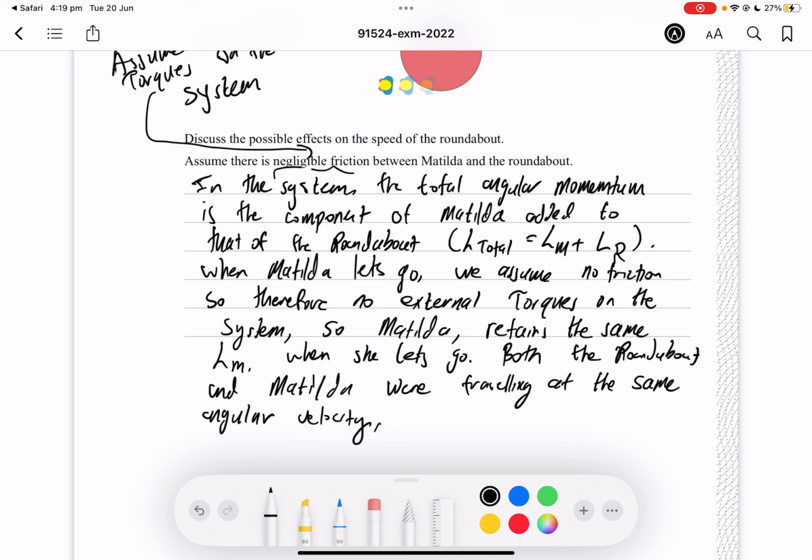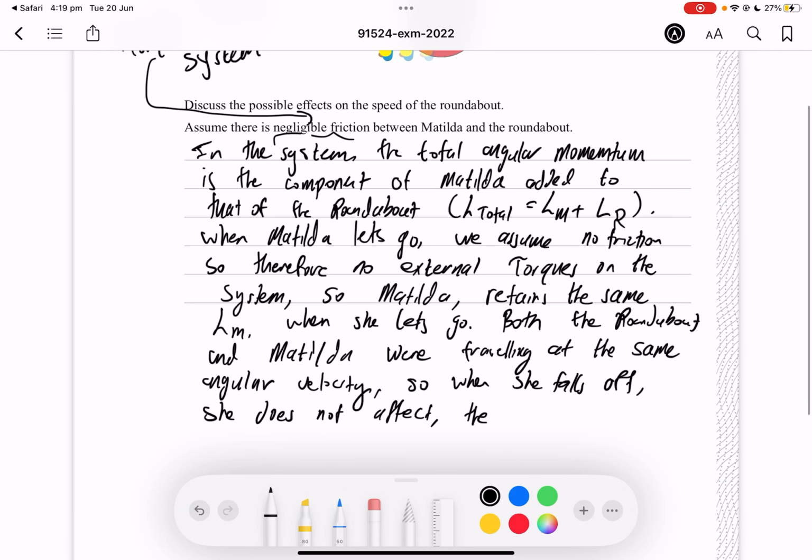Traveling at the same angular velocity, so when she falls off, she does not affect the component of the angular momentum of the roundabout, so it does not affect our R. So therefore, the roundabout maintains the angular velocity that it was initially traveling at.